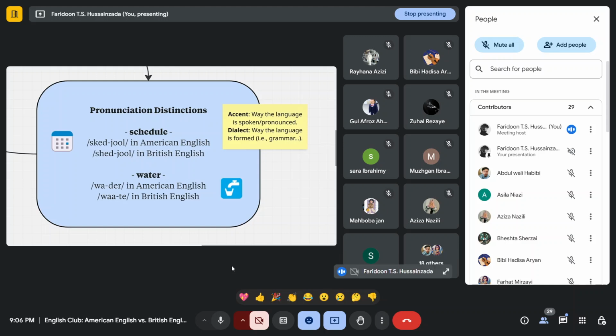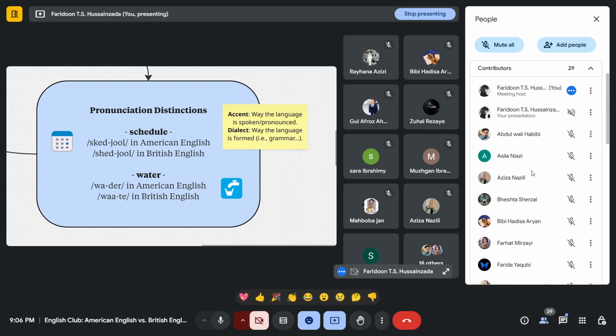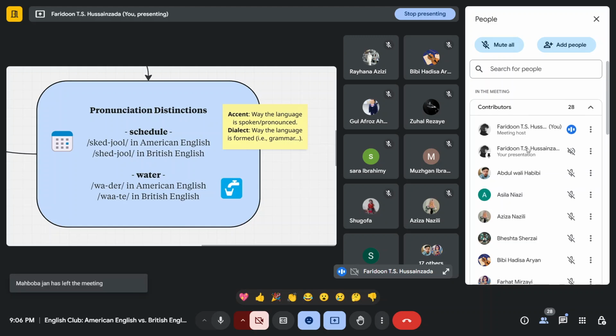Now, this could not be more true than when you're speaking about American English. Inside the US, of course, I believe everyone knows that there's a place called New York and Boston and these places. If you go to Boston, for example, the Boston accent is actually pretty different from the normal American English that you hear in movies, for example, or the one that I'm speaking right now.